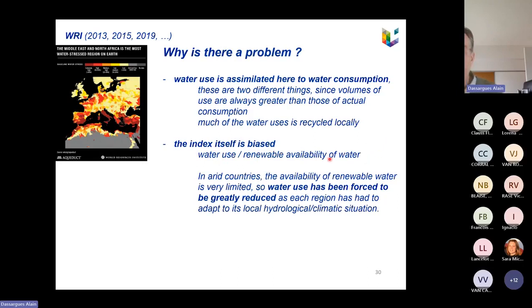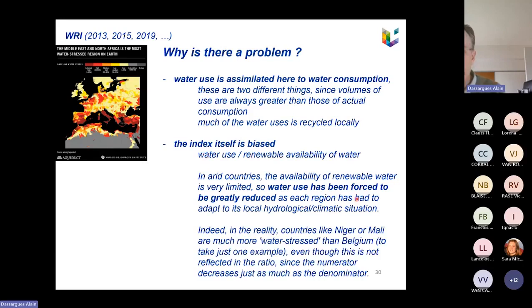So it means that the numerator and the denominator of your ratio are evolving in parallel. So your ratio is biased because your water use was already adapted to the lack of availability.